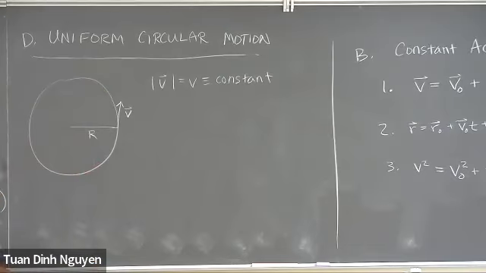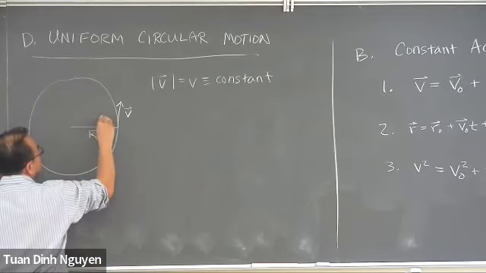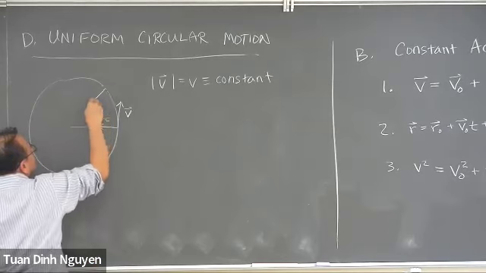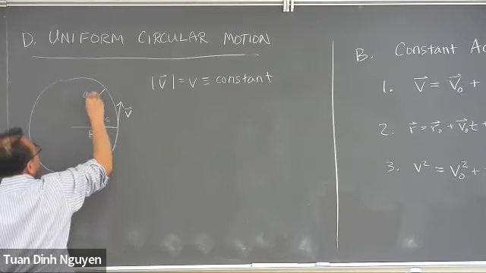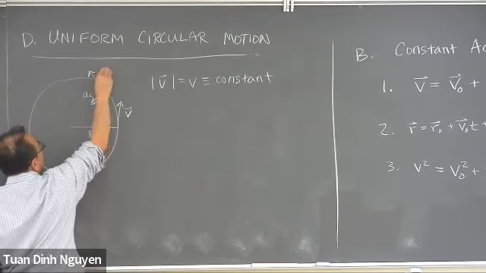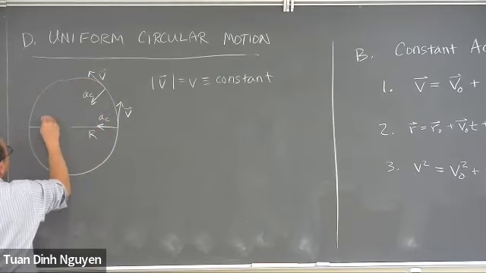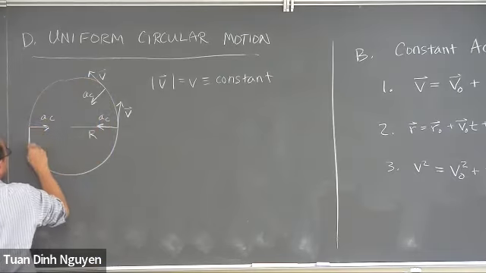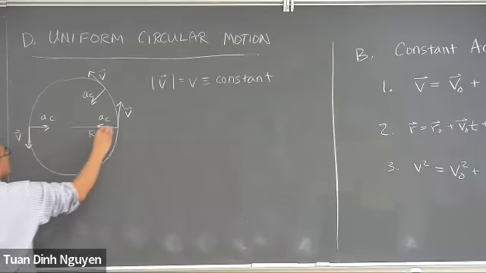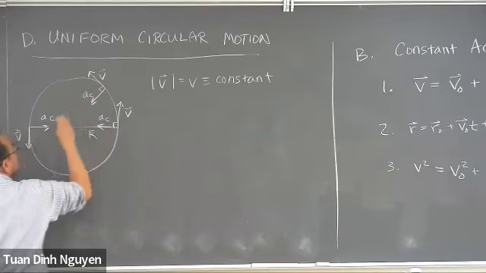What's going on is that there is an acceleration, and it's called centripetal acceleration, right? And it's responsible for changing the direction of this vector, but not its magnitude. In order to change something's magnitude, it has to have a component that's parallel, but centripetal is always perpendicular.